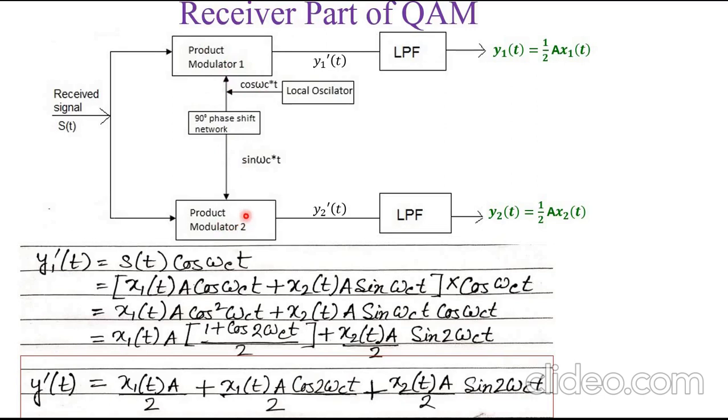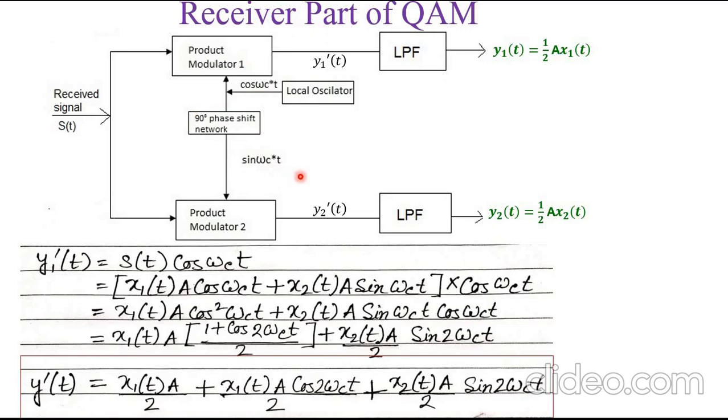Our received signal S(t) goes to the product modulator, and its second input is the carrier signal, which is again in quadrature phase. The carrier signal cos omega_c t is generated over here and given directly to one modulator, and the second is given after a 90 degree phase shift, because after a 90 degree phase shift cos omega_c t becomes sin omega_c t.